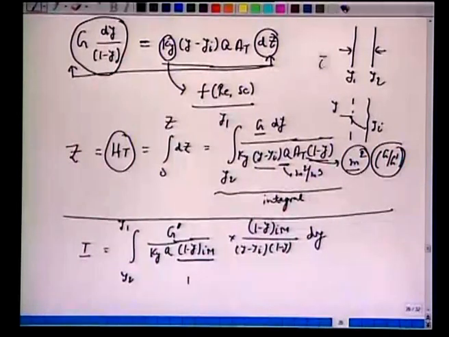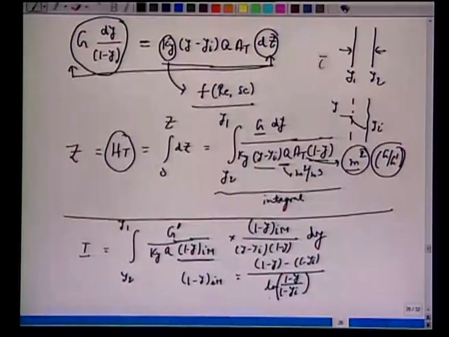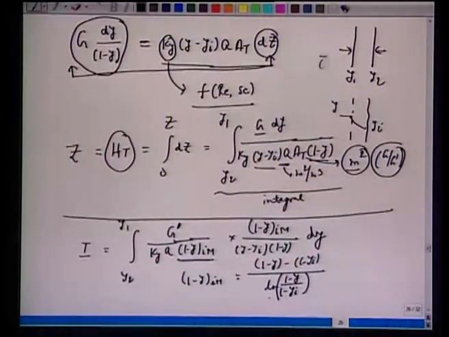(1 - y)_IM is a logarithmic average of 1 minus y and 1 minus y_I, that is, ln of (1 - y) over (1 - y_I).